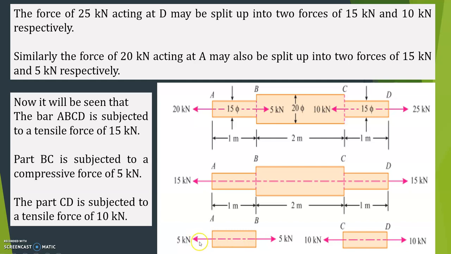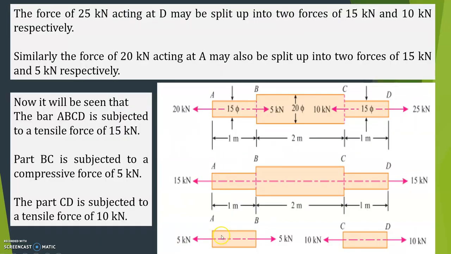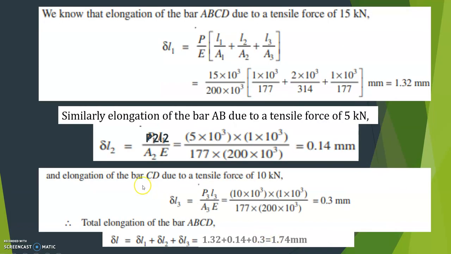That is A and B. B at AB is 5. So 5 and 5. This is also tensile force only. So consider that delta L2 is equal to P L2 divided by A2 into E2. P and E are the same, so we can keep them outside and substitute. So you will get this answer.